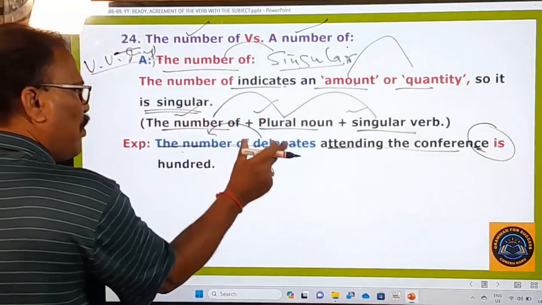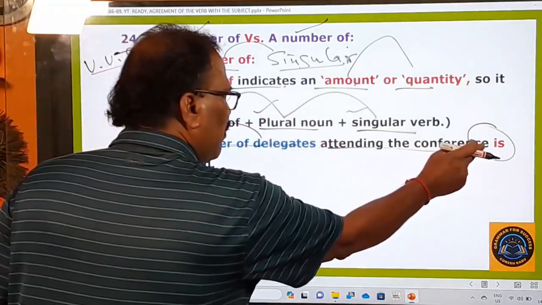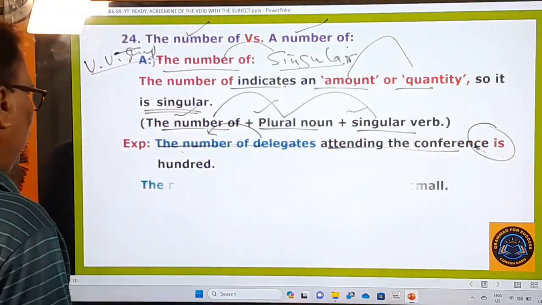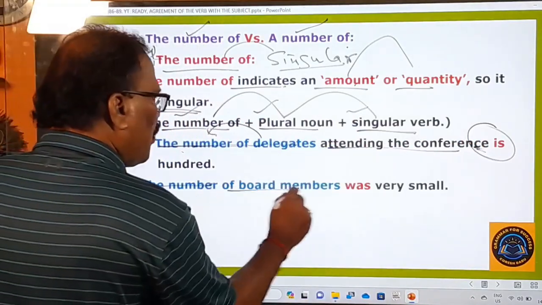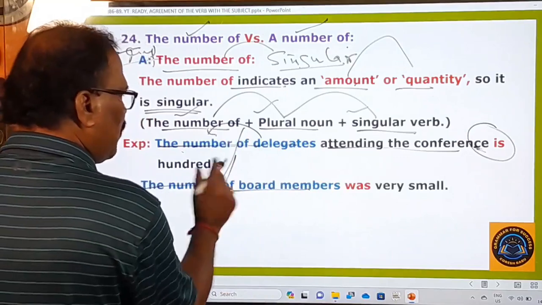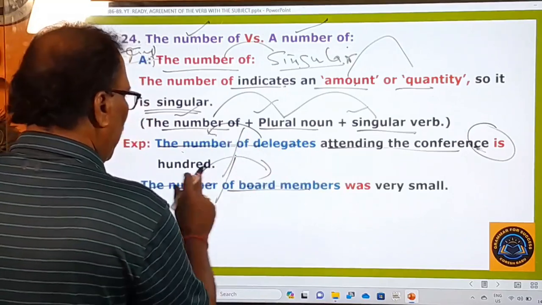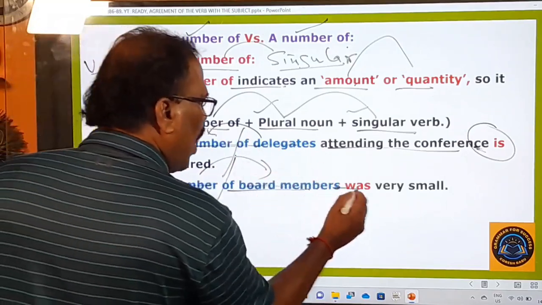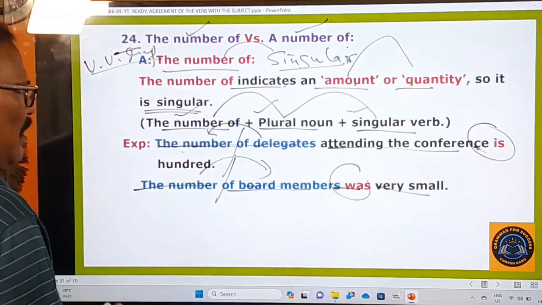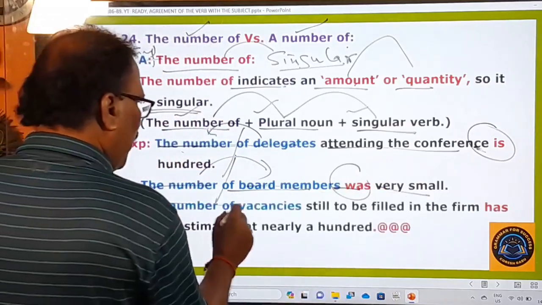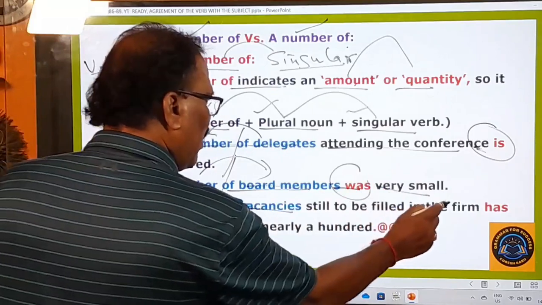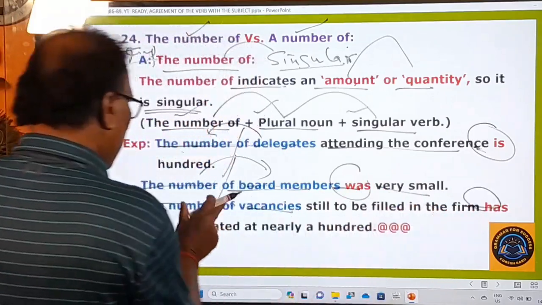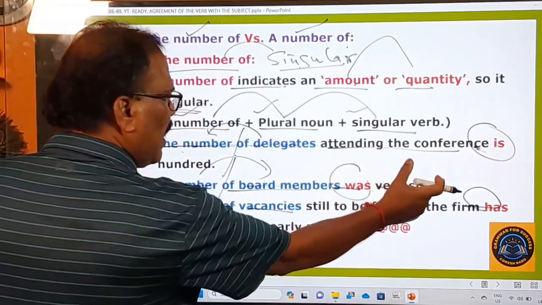And one more, the number of board members was very small. The number of vacancies still to be filled in the firm has... the number of plus plural noun, singular verb.